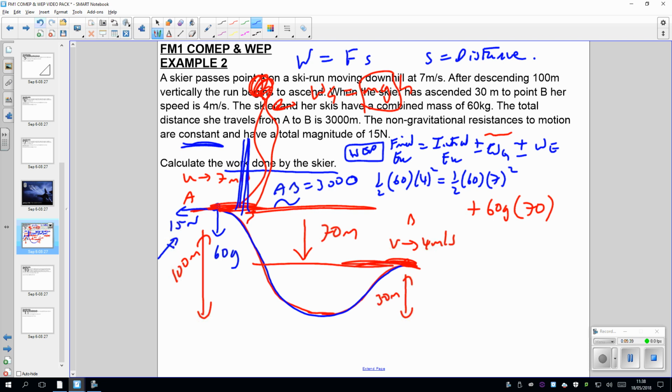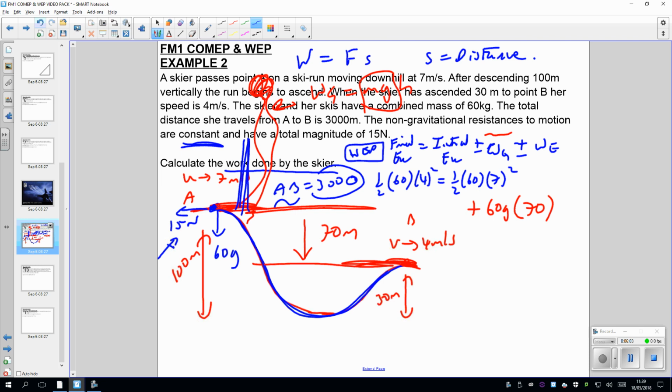If we're talking about this external force of 15 newtons, which we can deal with now, so plus or minus work done against external forces, for the entire 3,000 meter surface of this slope, they've had to deal with this 15 newtons, right?